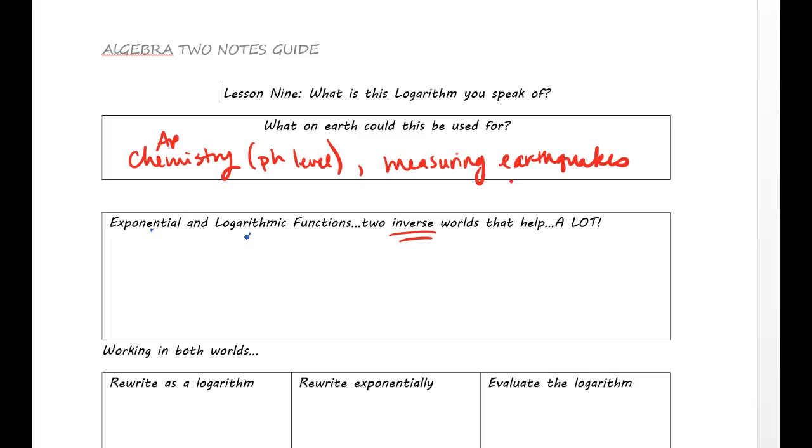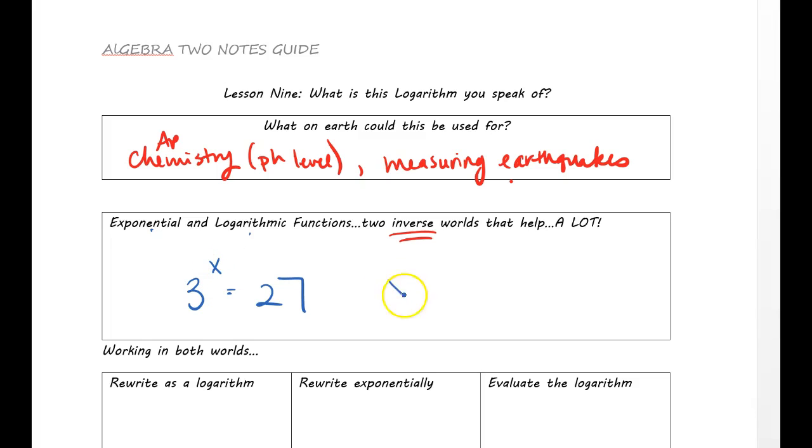But just as an example, let me show you why you need logs. Okay, let's pretend that I asked you to do 3^x = 27. If I ask you that, I hope everybody can do that, right? Because you can figure it out.